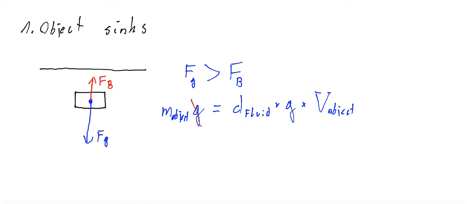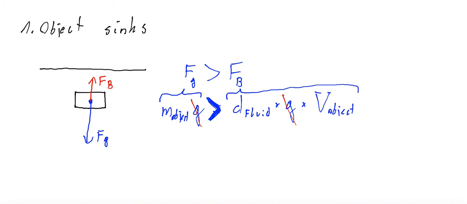Of course, this is not the equal sign, sorry, gravitational force is bigger than buoyant force. So this is gravitational force, and here we have the buoyant force. So when mass of the object times gravitational acceleration is bigger than density of fluid times gravitational acceleration times volume of the object. Okay?